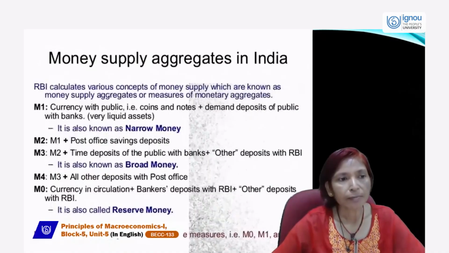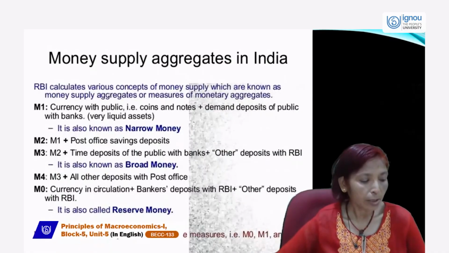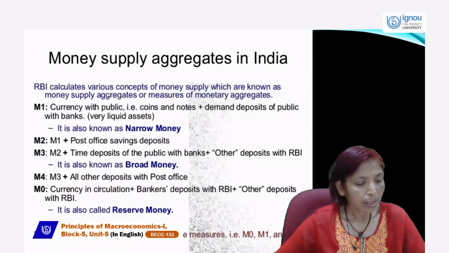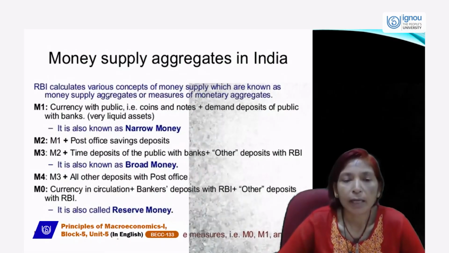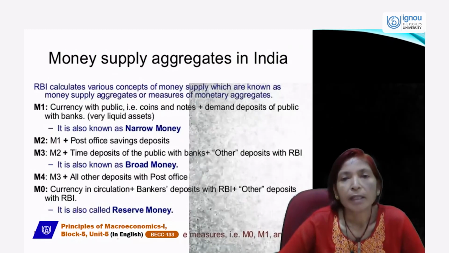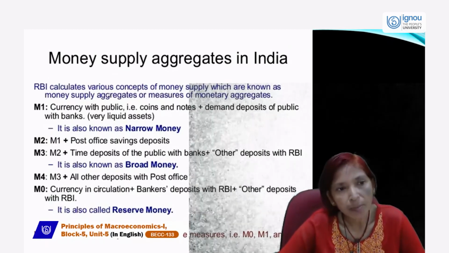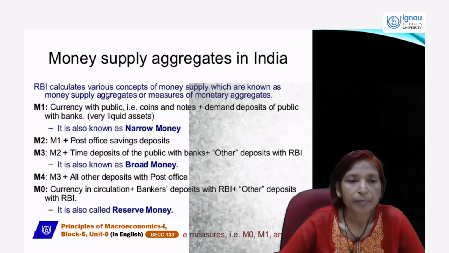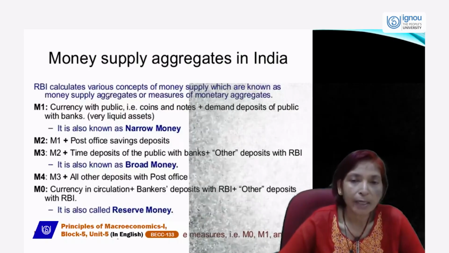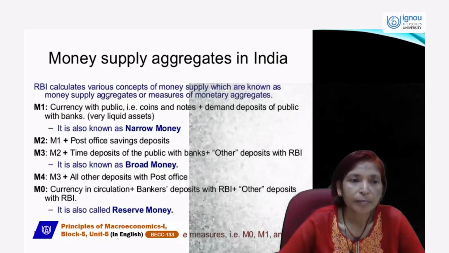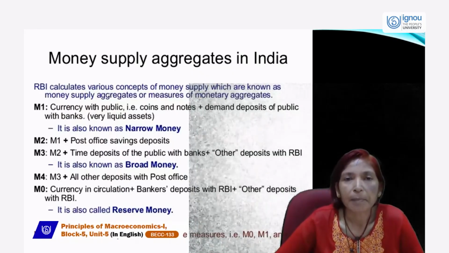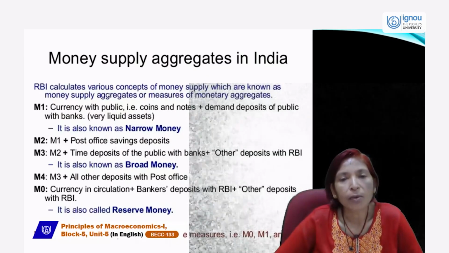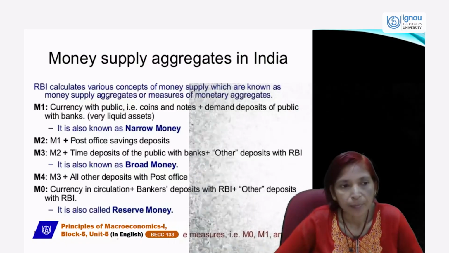What is M1? In M1, number one we include currency with the public, like coins and notes. Next are demand deposits of the public with banks, and other deposits can also be included in M1. But it gives the narrow definition of money supply. It is also known as narrow money supply.